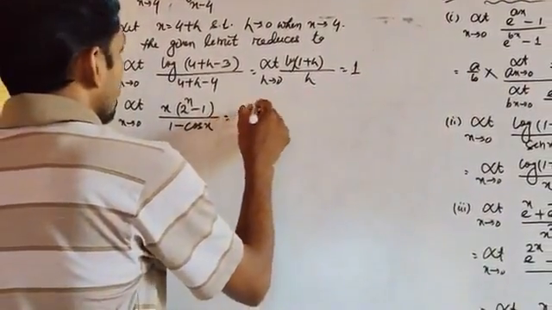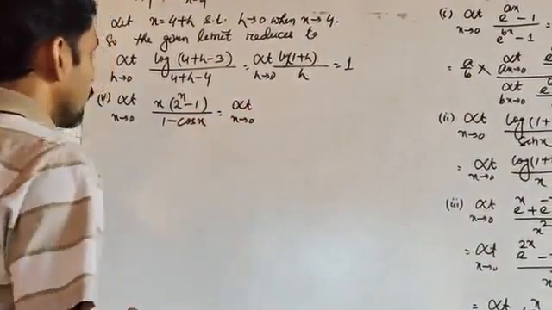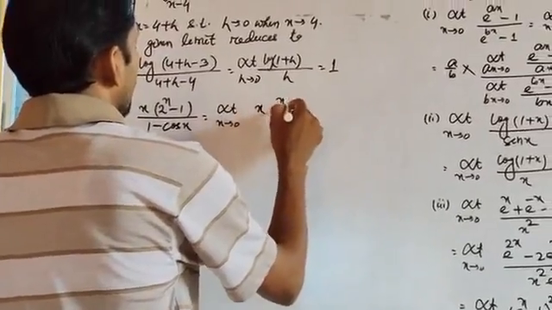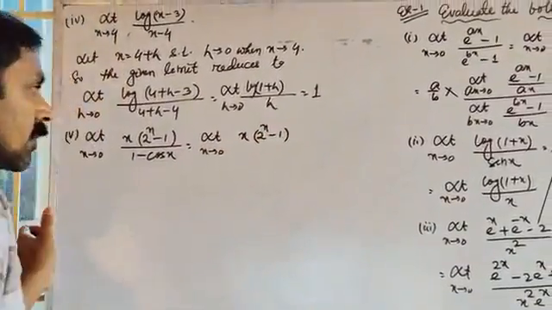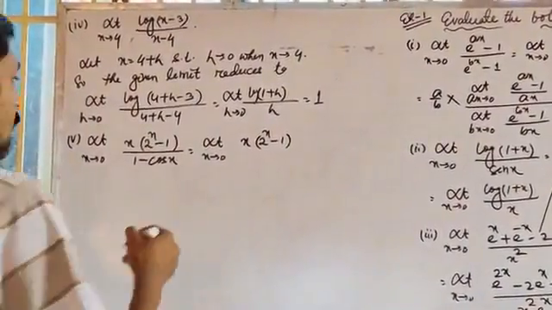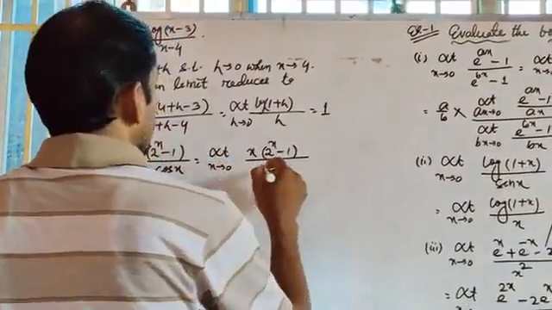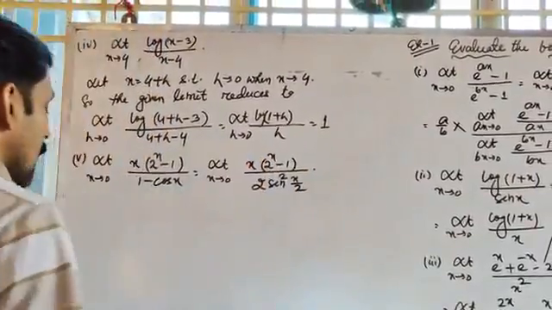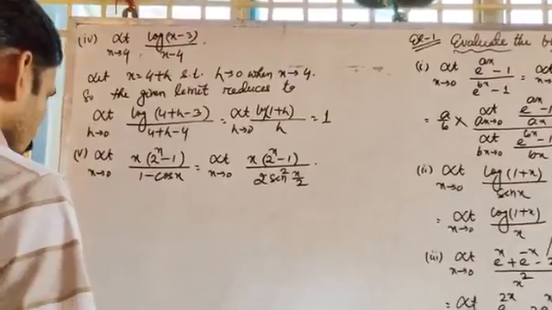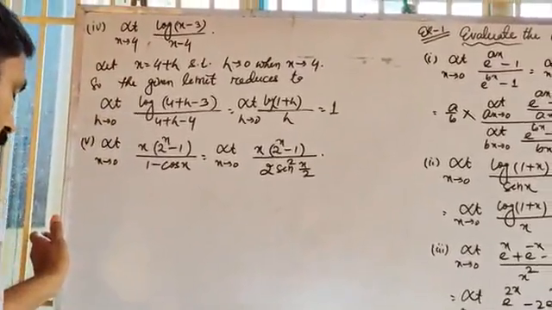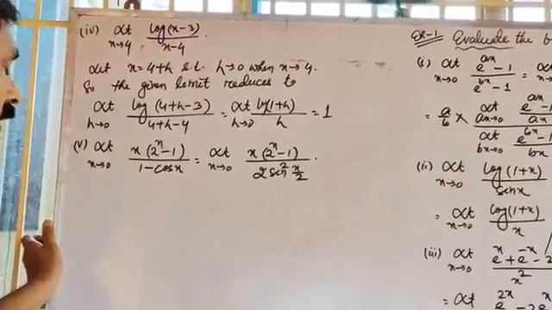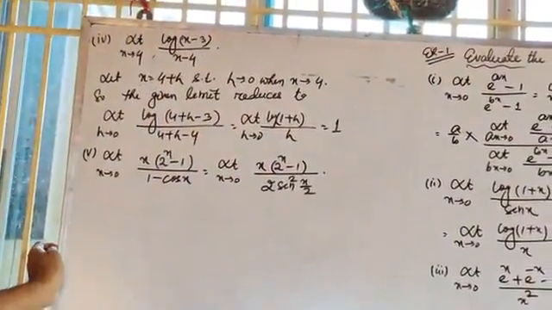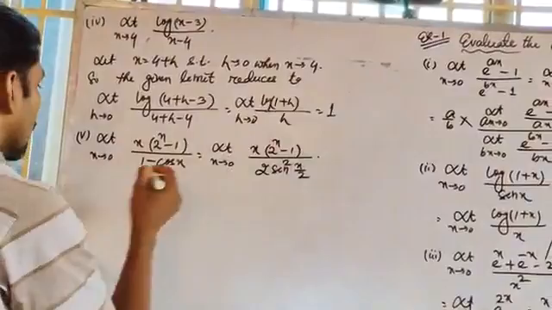So first you can write limit x tends to 0, x into (2 to the power x minus 1) by 1 minus cos x, which is 2 sin square x by 2. Clear? But if you use this form, then it will be a little bit lengthy. But still we will solve.